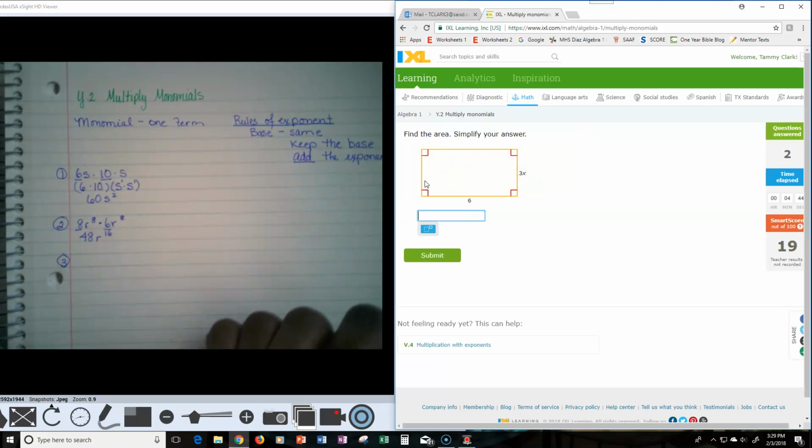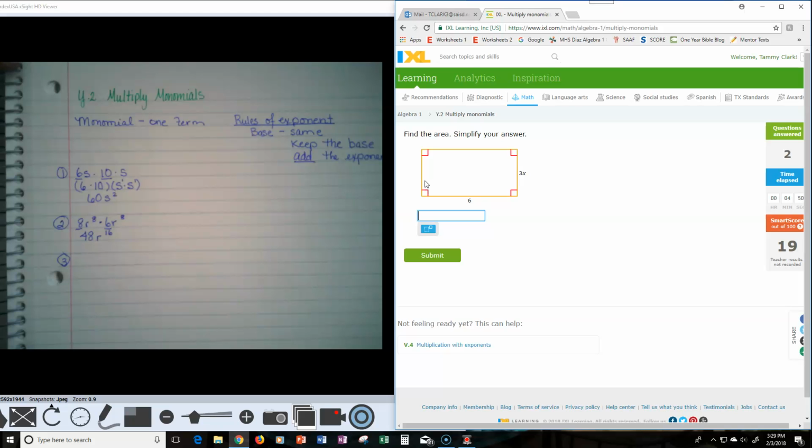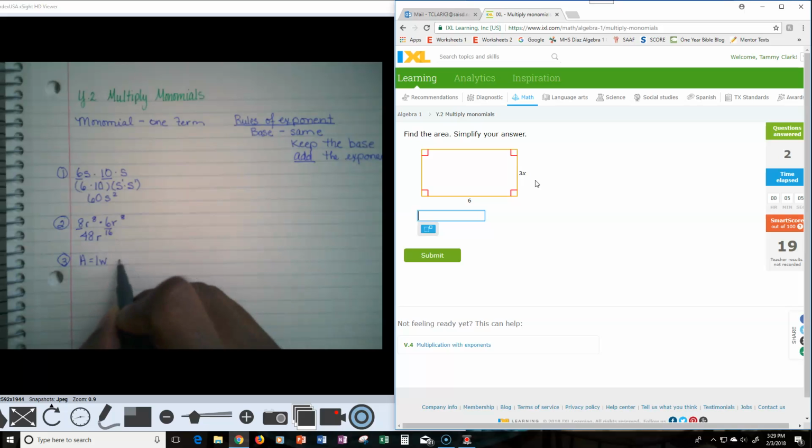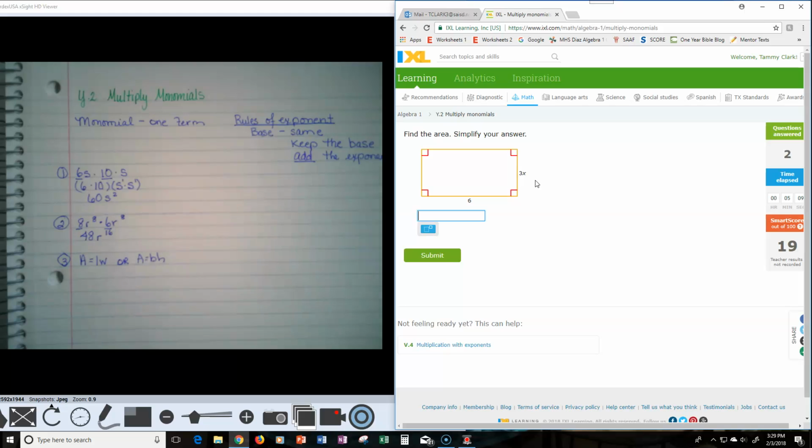All right. Now, isn't this interesting? We have a drawing of a rectangle, and it's still multiplying monomials because 6 could be considered one term and 3x can be considered the other. So when we're finding the area of a rectangle, area is equal to length multiplied by width, or you can think of it as area is equal to base multiplied by height.